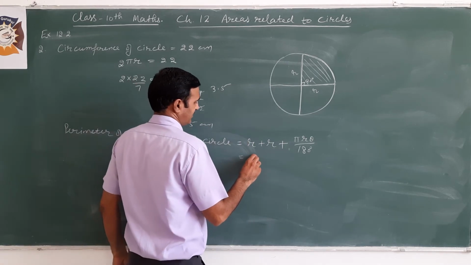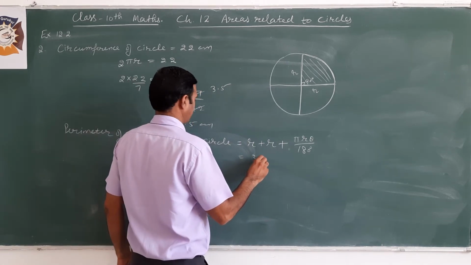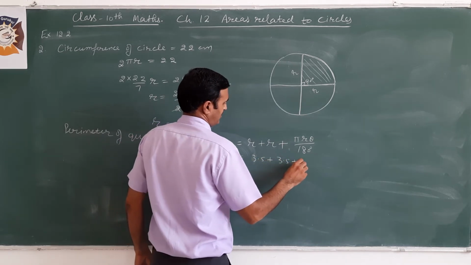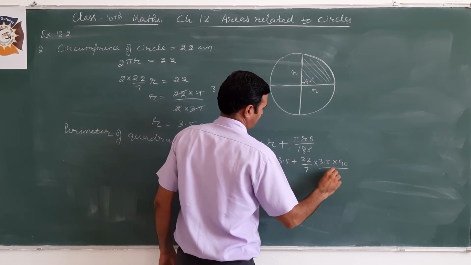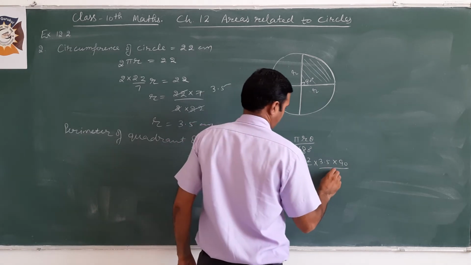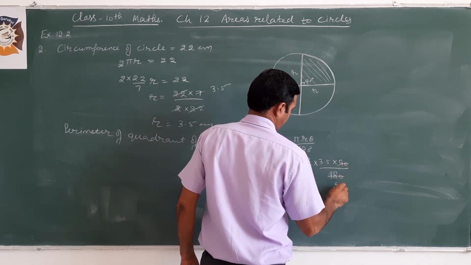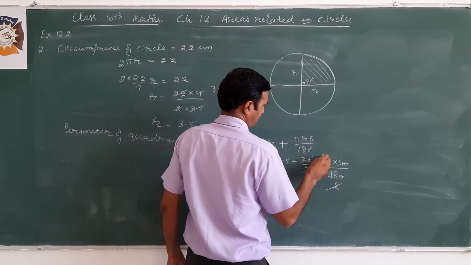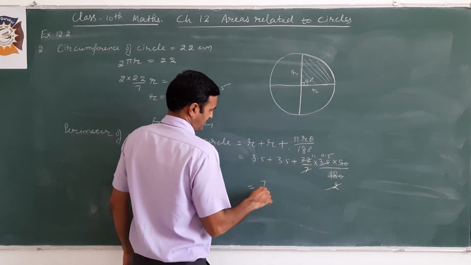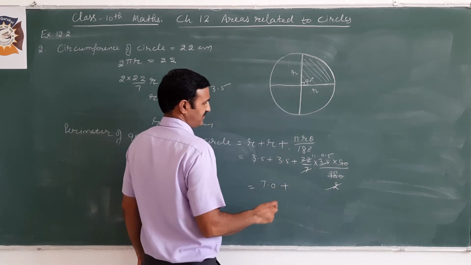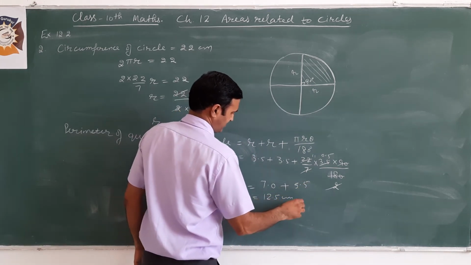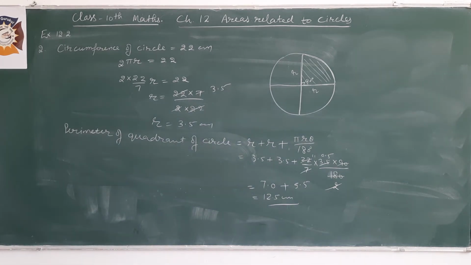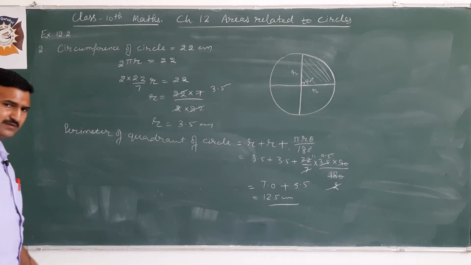We have theta 90 degree, r is 3.5 centimeter. 22 by 7, r 3.5, theta 90 upon 180. This gives 5.5, plus 3.5 plus 3.5, so 12.5 centimeter is the perimeter of this quadrant of circle.